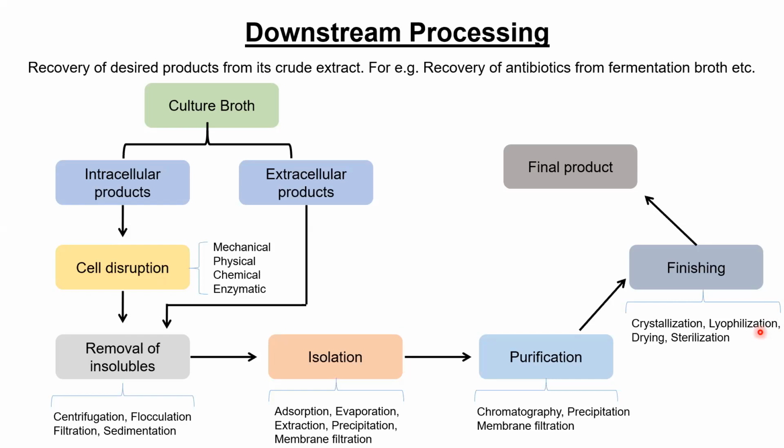And then after all these processes, you have the finished product. You can pack it and send it to the consumer market for use, to be taken as a therapeutic medicine, or as a processed food product, or whatever is the type of the product.